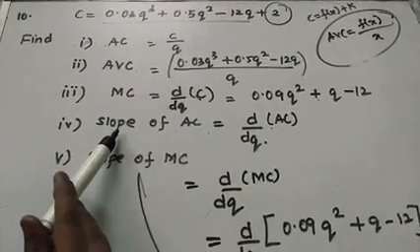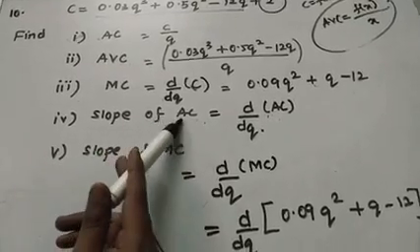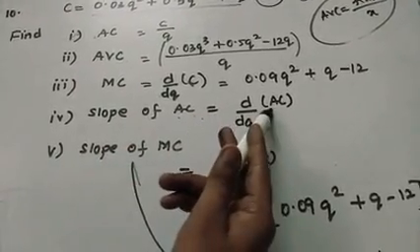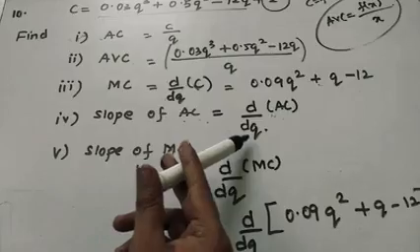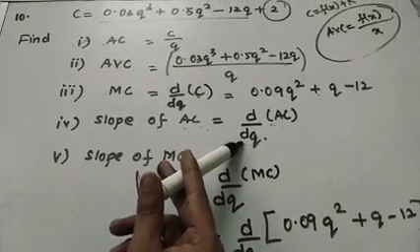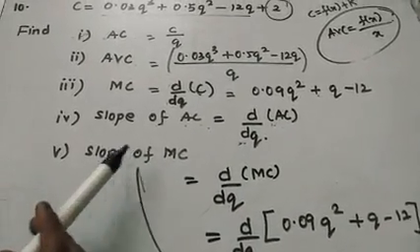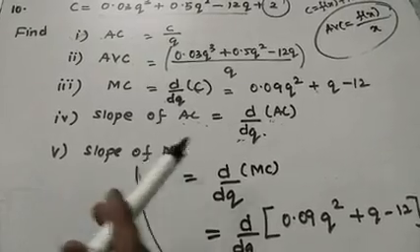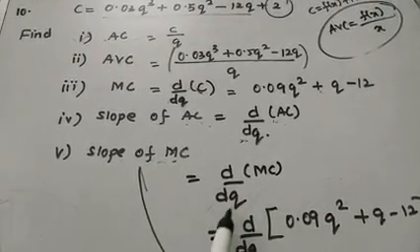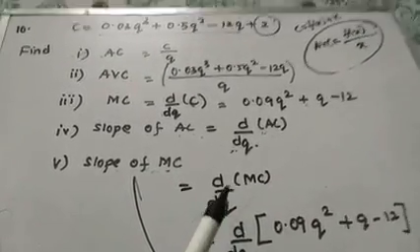Slope of AC means differentiation of AC, that is average cost, with respect to the output, here q. And the last one, slope of marginal cost, that is differentiation of marginal cost with respect to output, that is q.